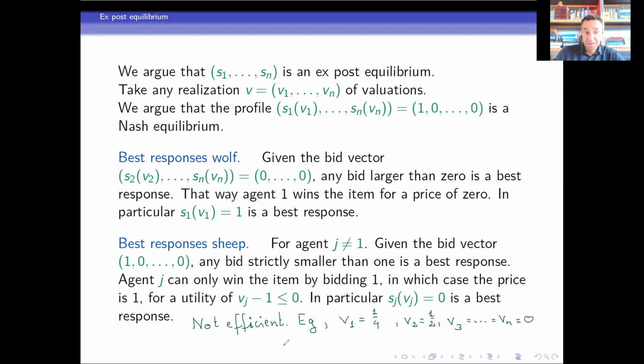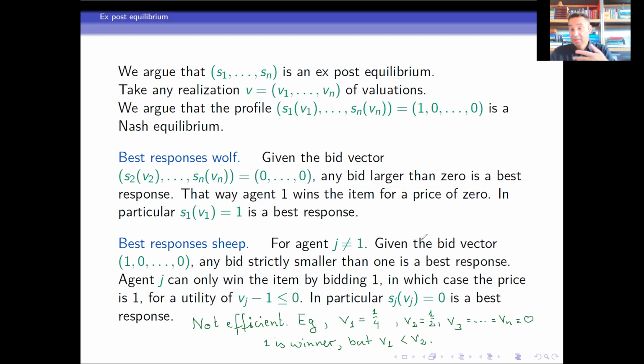Then in the wolf and sheep equilibrium, of course, 1 wins, so 1 is the winner. But as you can see, V1 is not the highest valuation. So there are cases in which the allocation is not efficient.